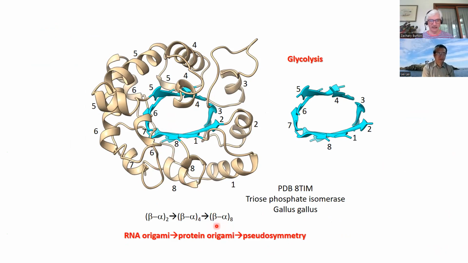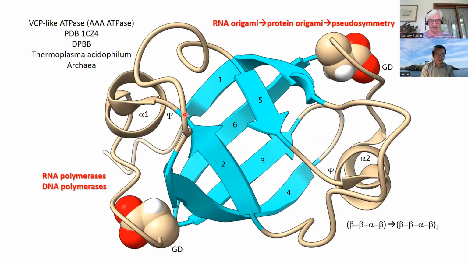Depending on how you want to look at it, it's beta alpha repeated 8 times, or it's beta alpha 2 repeated 4 times. And it still looks like you could rotate it on itself just by rotating it through a twofold axis. So that's pseudosymmetry, and that's pseudosymmetry right there, where you have your twofold axis.